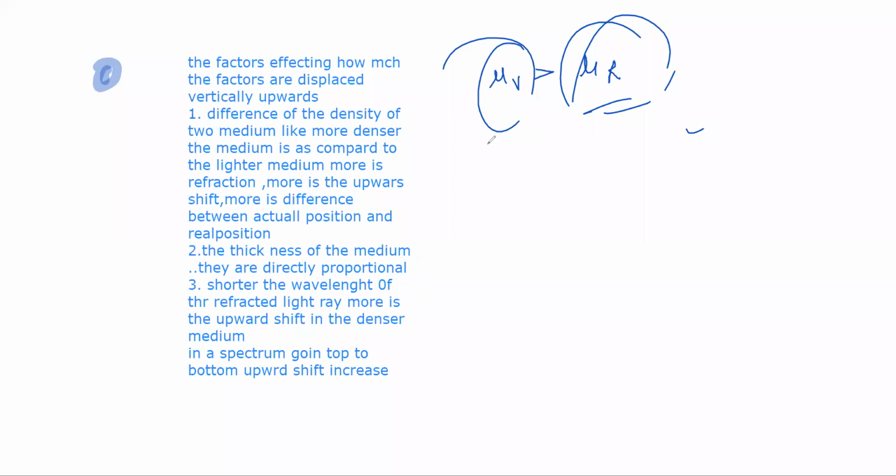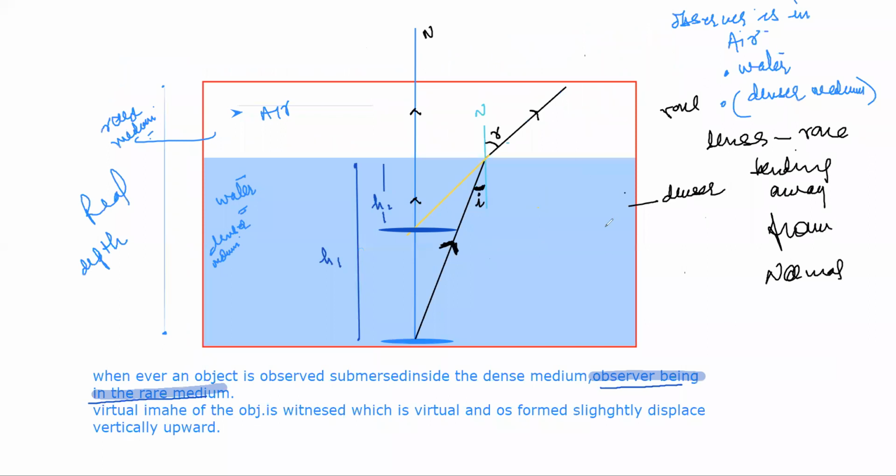I will prove it later on. Basically, the relationship between the apparent depth, the real depth, and the refractive index is this. Taking the previous slide again, here it was air and glass. What is the denser medium here? Glass is the denser medium, and air is the rare medium.